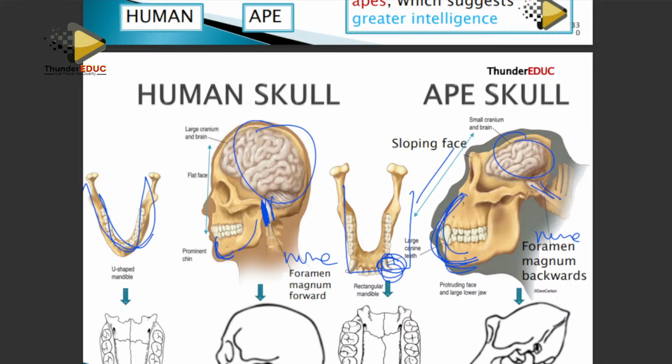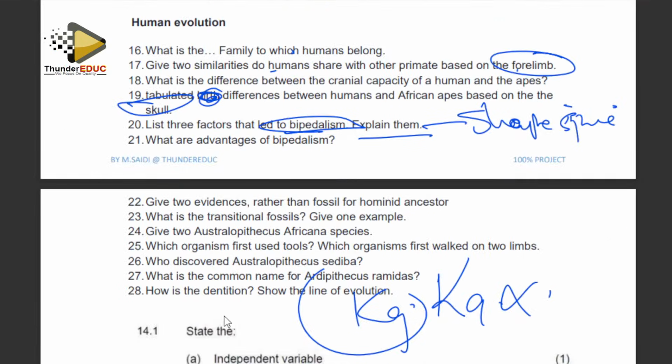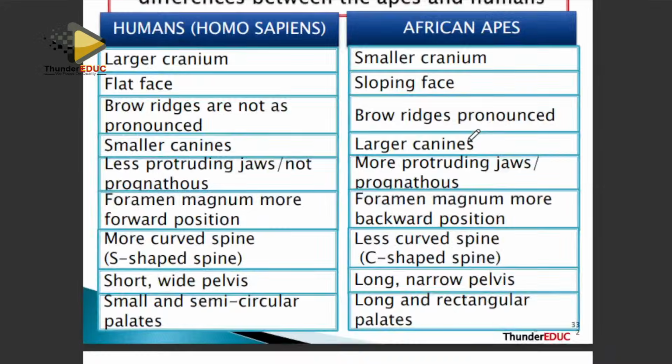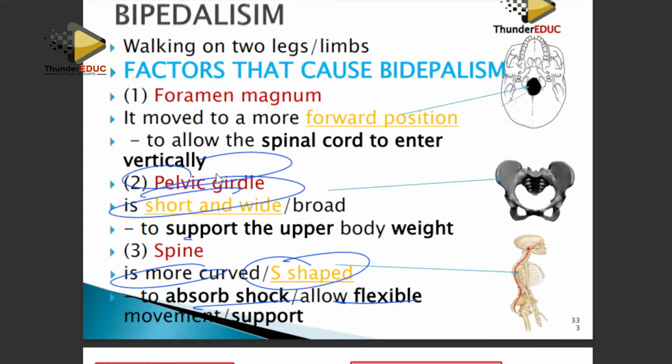Then we are going to say that the shape of the spine is S shape to allow flexibility. Let me show you so that you know what I'm talking about. These are the factors they're talking about in bipedalism. The shape of the spine is S shape to allow flexibility or shock absorber. The pelvic girdle is short and wider to support the upper body weight.